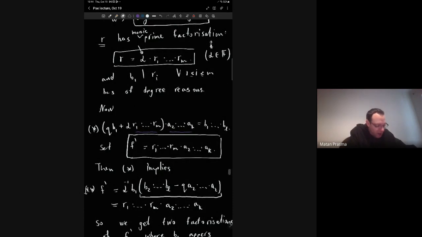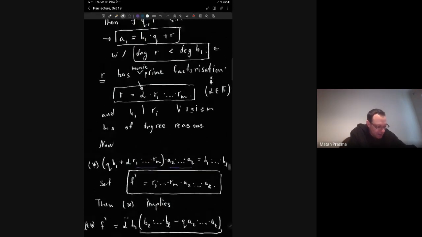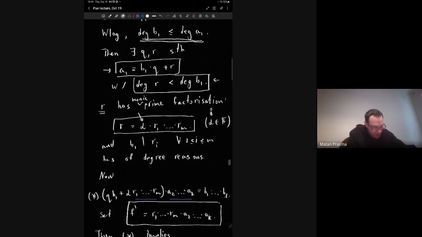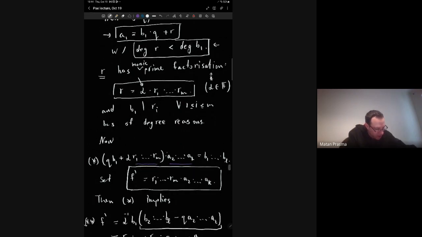And now I just plug it into the equation, right? Because I have A1 up to AK equals B1 up to BL, but instead of A1, I plug in this.